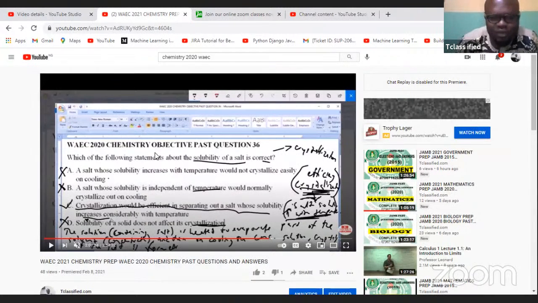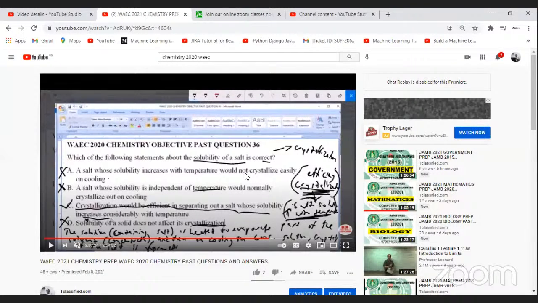So saying it will not crystallize is false. Substances whose solubility depends on temperature will be fully in solution when the temperature increases, but once the temperature decreases, they will crystallize out of the solution. You understand? So C is the right answer.